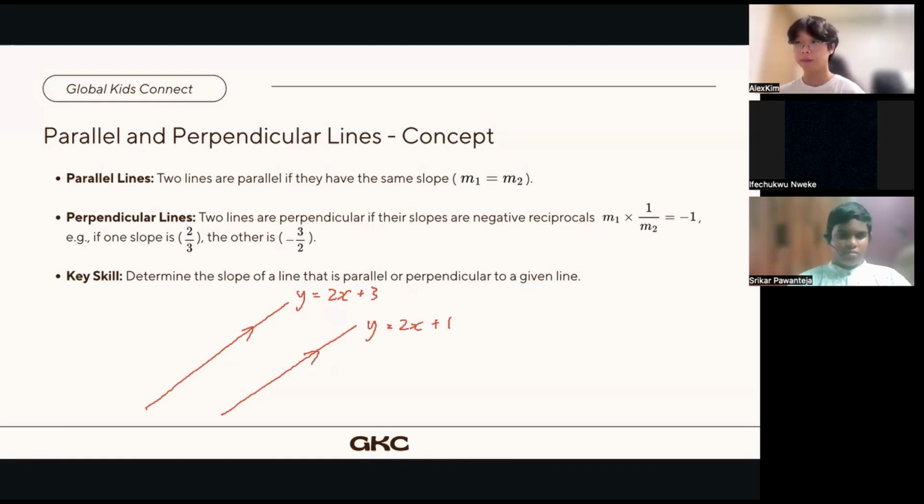They move parallel, like I said, throughout the domain. The opposite of parallel lines is perpendicular lines. Two lines are perpendicular if their slopes are negative reciprocals.